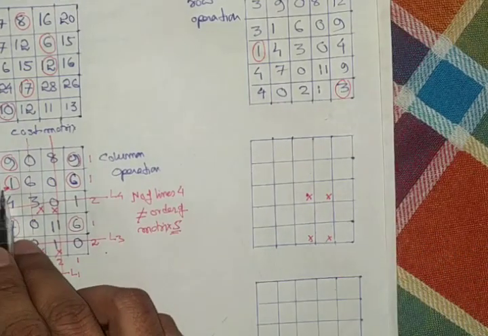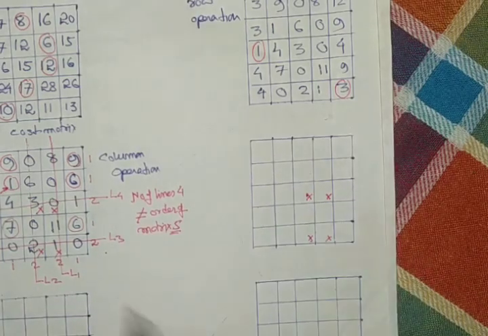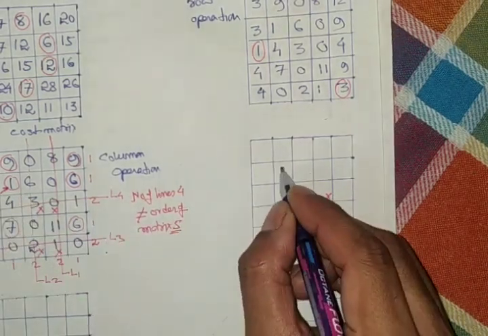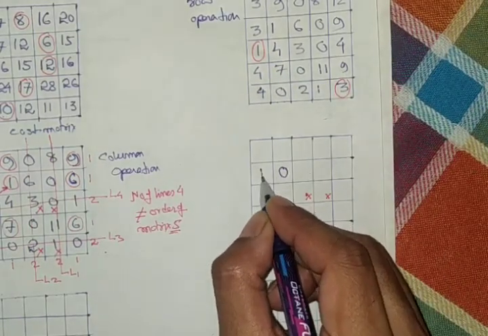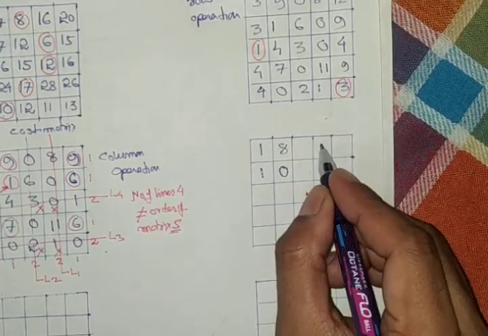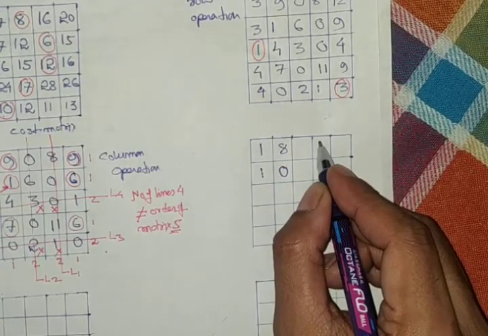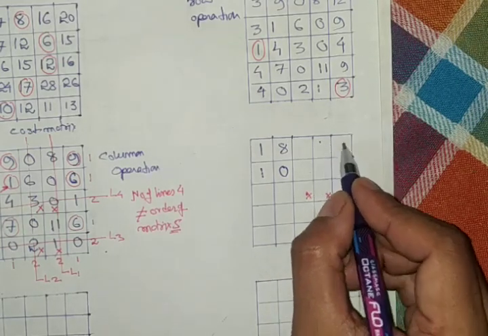If I subtract 1 here, it will be 0. This will be 1. This one also 1. This is 8. This one remains the same. This one became 8.